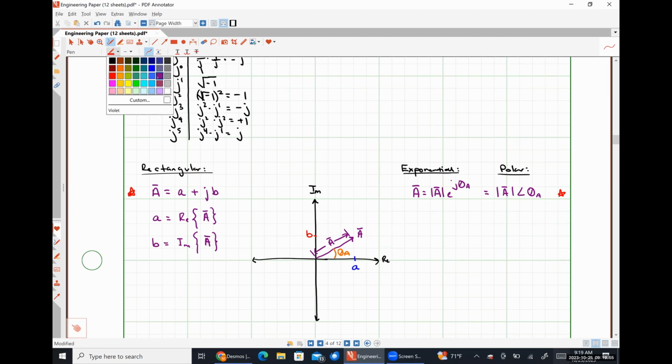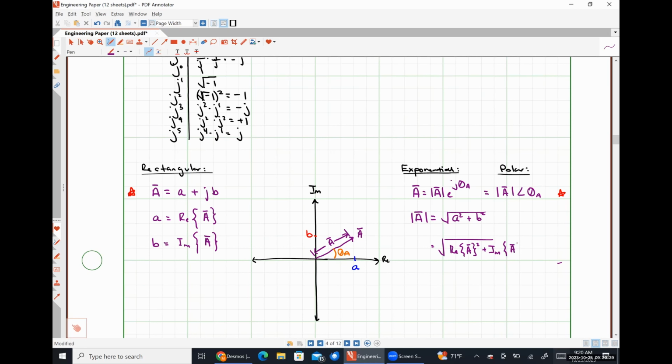So using the good old Pythagorean theorem, I can say that the magnitude of A is simply the square root of lowercase a squared plus lowercase b squared, or more generally, the square root of the real part of complex number A squared plus the imaginary part of complex number A squared, and I take the square root of the whole thing.